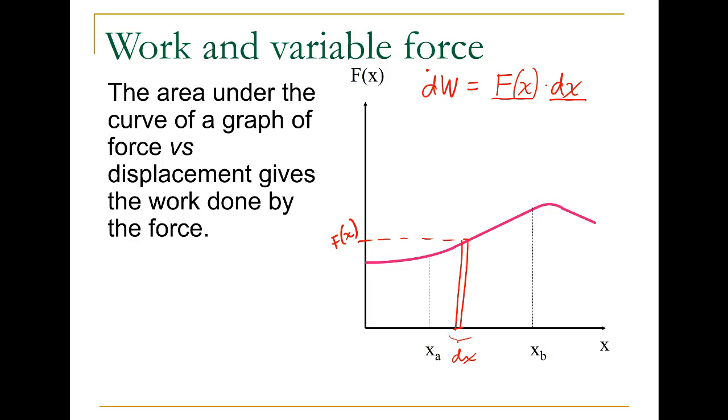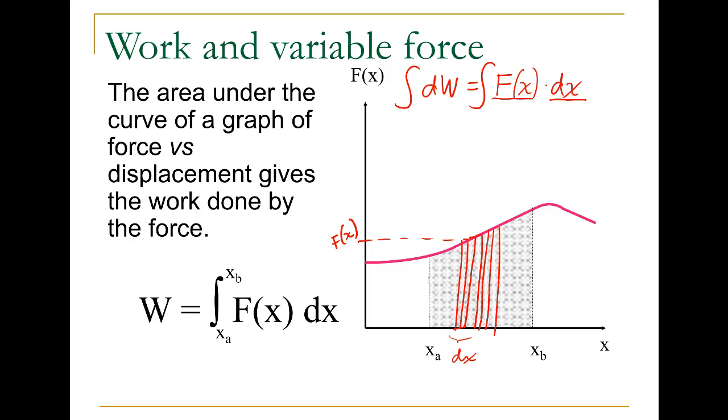And then if we take the integral of this, then what we're doing is we're adding up all of these rectangles. Okay, now there's fancy math rules, the trapezoid rule, the left side, the right side, all these Riemann sums. We're not going to worry about that. We're just going to calculate the work as the definite integral from xa to xb of f of x dx.